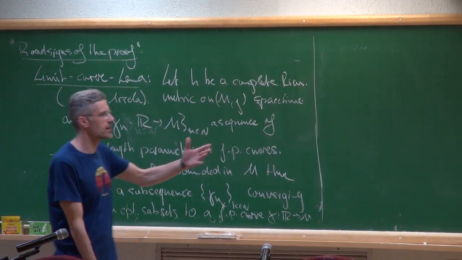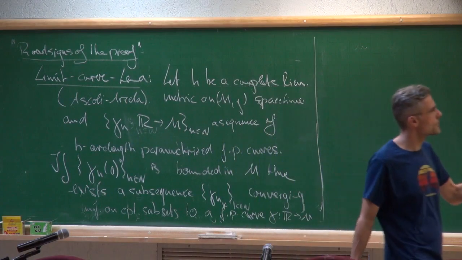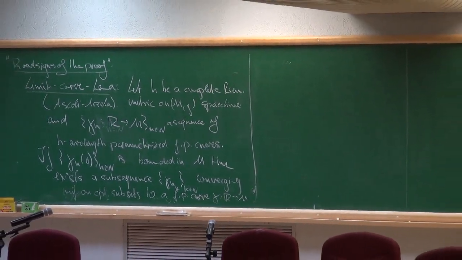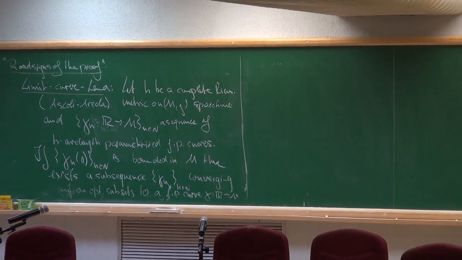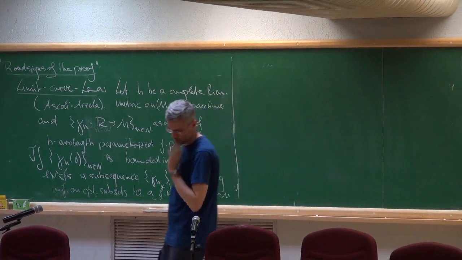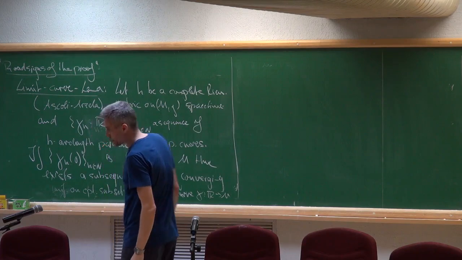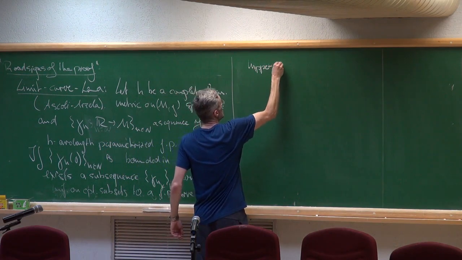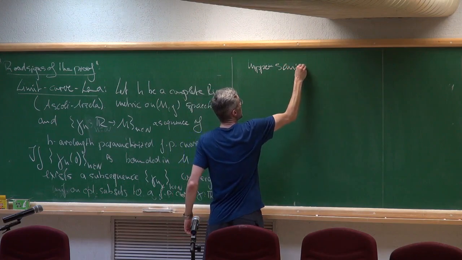That's the one point. So what is the usual strategy for these theorems? First you show that there's an upper bound, and then you take a maximizing sequence. Then for this thing to converge, you need a second ingredient, the second part, which is the upper semicontinuity.